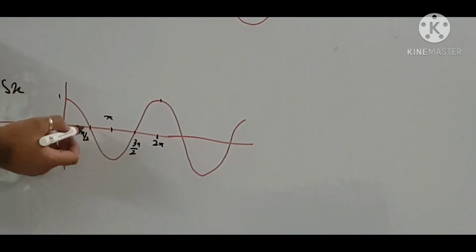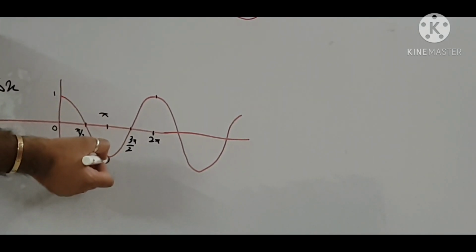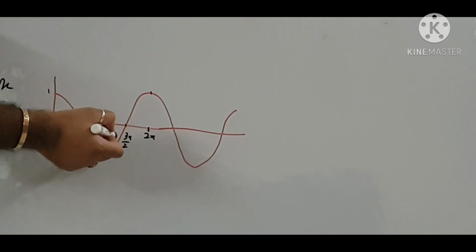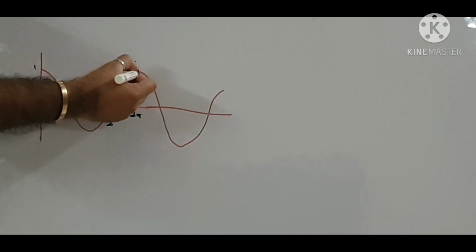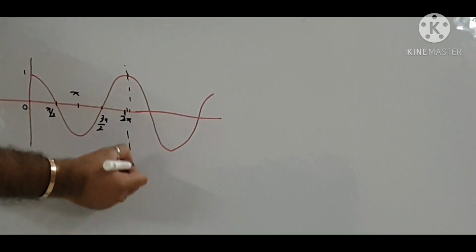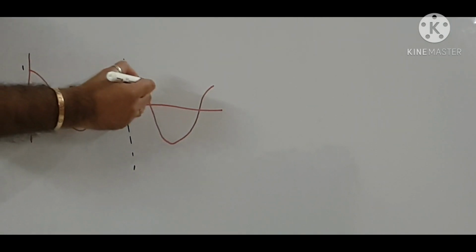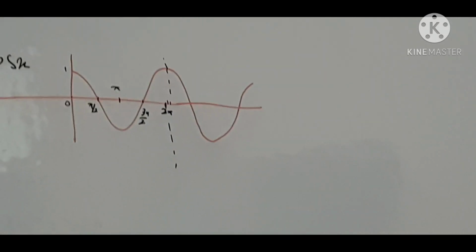At 0 it is 1, at pi by 2 it is 0, at pi it is minus 1, at 3 pi by 2 it is again 0, then at 2 pi it is 1. And then it has started to repeat itself from 2 pi and so on.